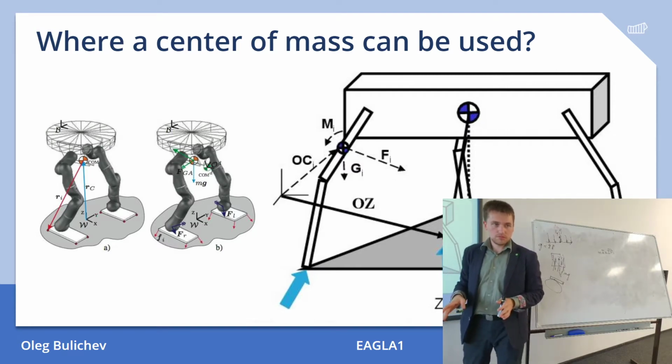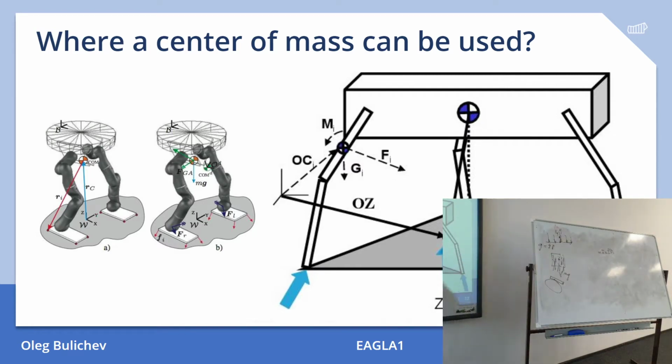Okay, when we're talking about bipedal robots, this technique appears for them, because ZMP allows you to solve the task not only in statics but also in dynamics. We have static locomotion, semi-static locomotion, semi-dynamic locomotion, and dynamic locomotion.